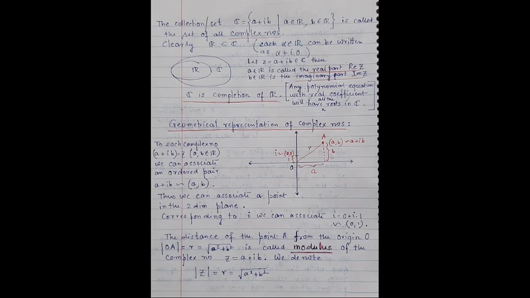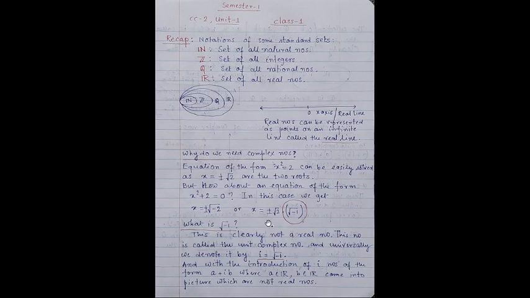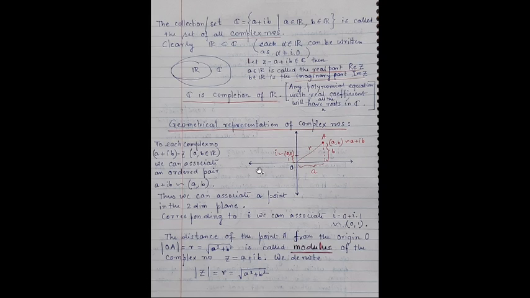Go back to the question, why we need complex numbers. Basically, we started with the quadratic equation and we got stuck at some point, and we said that the roots of this quadratic equation are not in real numbers, they are somewhere else. So C is that somewhere else.